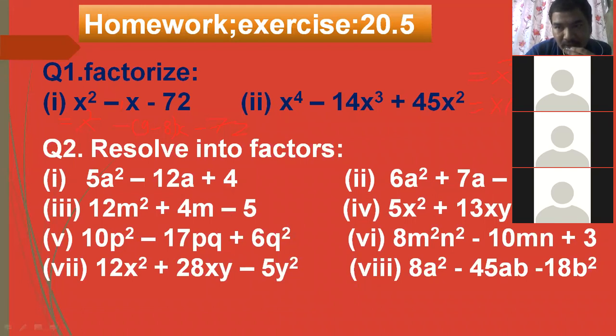I hope you are writing, you are doing. And then what is common in the last two terms? 8, x minus 9 is left there also. Now what is common, children? Now x minus 9. Then what will be the next one? X plus 8.